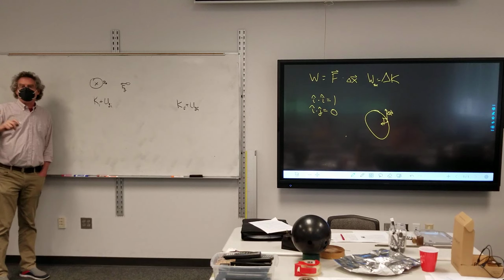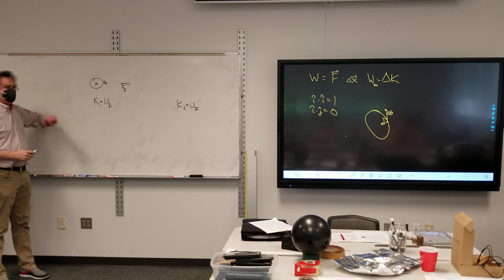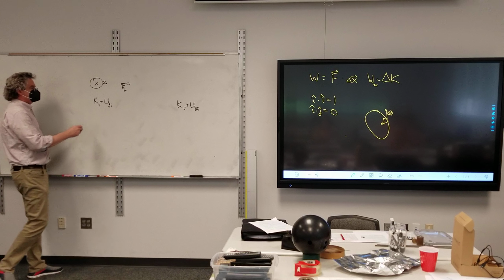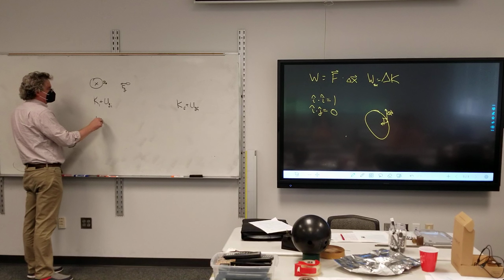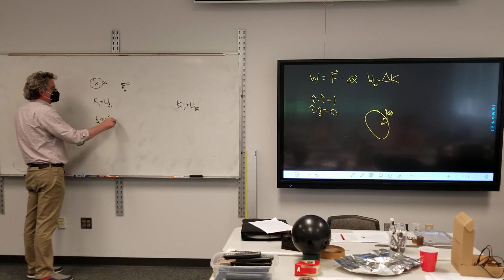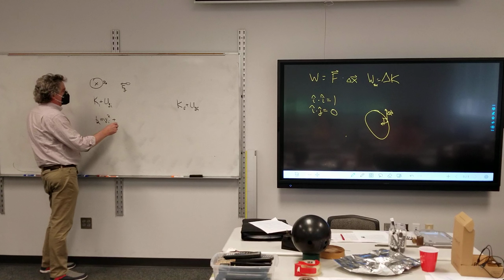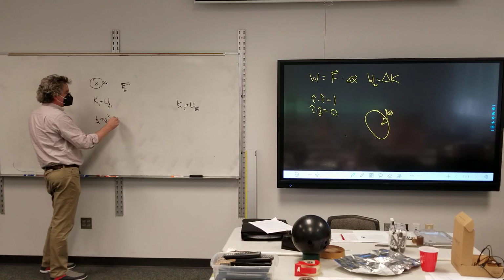I denied you last time, but I won't deny you this time. What's the formula for kinetic energy? 1/2 mv squared. Much nicer. And so this is the mass of the object. Formula for this potential energy, the one associated with that force?